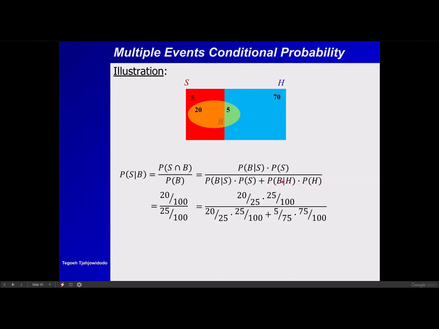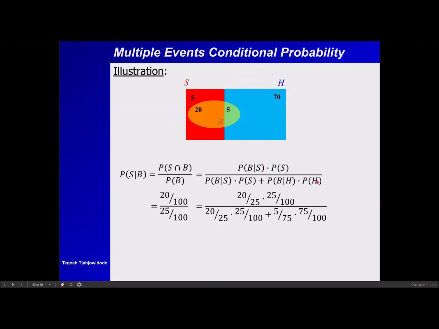Probability of B given H, so we take a look at all probability of H, and among these H events we have 5 events that is a part of B, right? So the probability of B given H will be equal to 5 over 75.